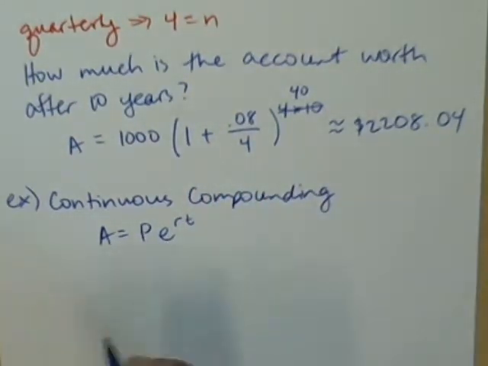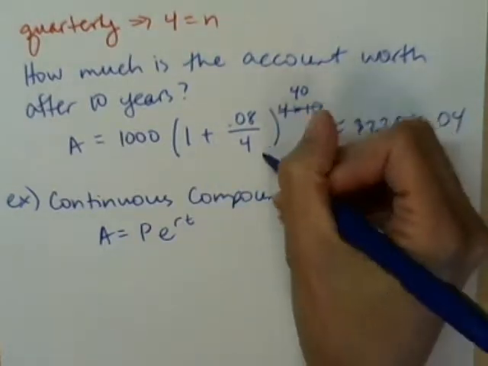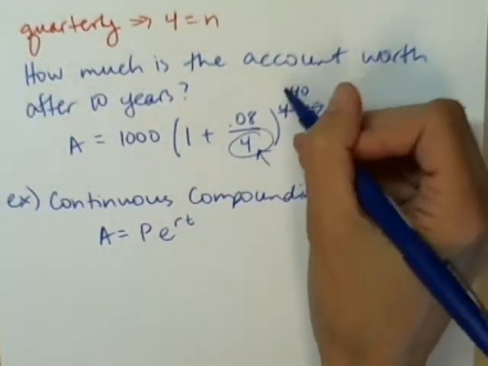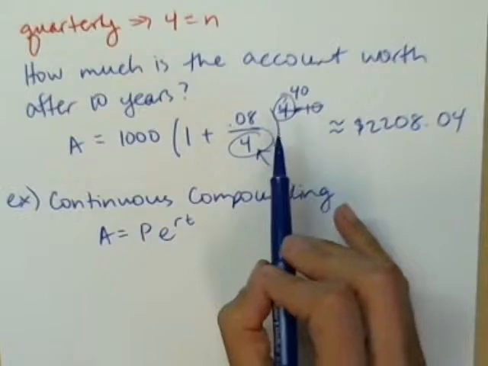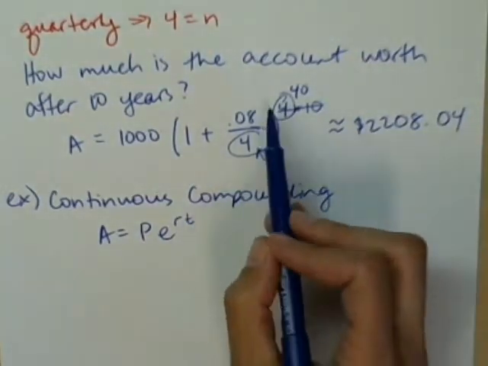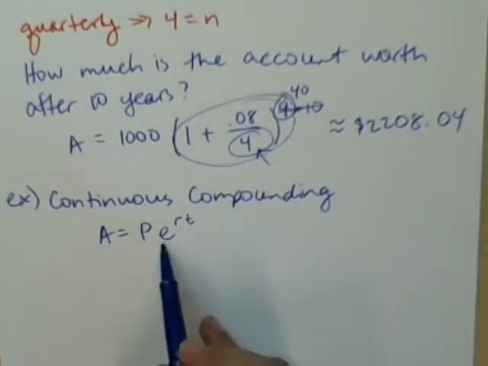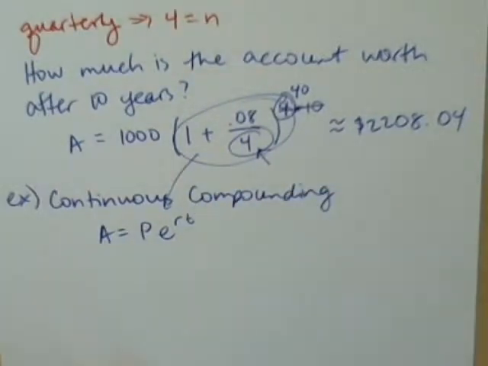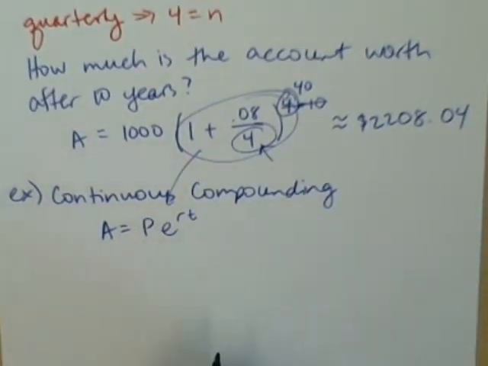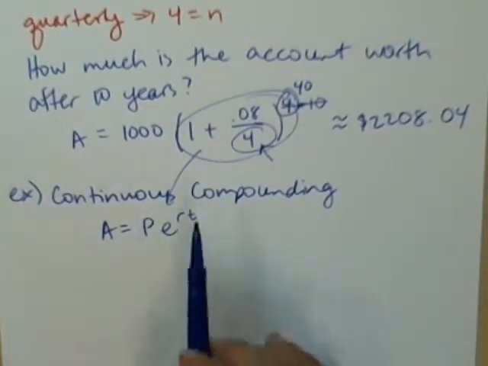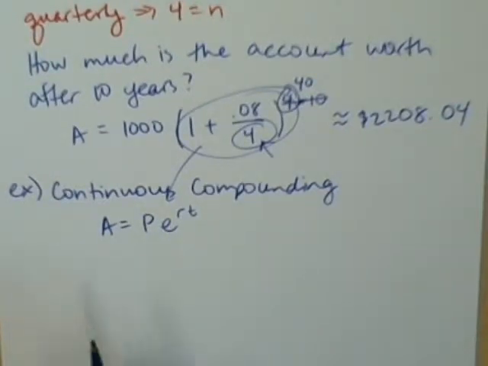I'm not going to derive this for you, but what happens is when we let the number of compoundings get really, really large, we end up with this value right here becoming e. It's actually kind of a cool derivation, but I'm not going to do that here. My r represents the same thing, and my t represents the same thing.